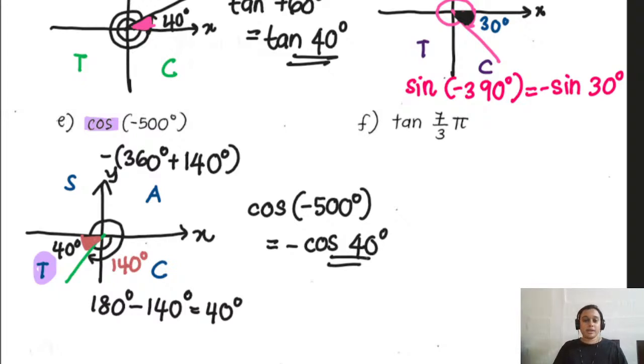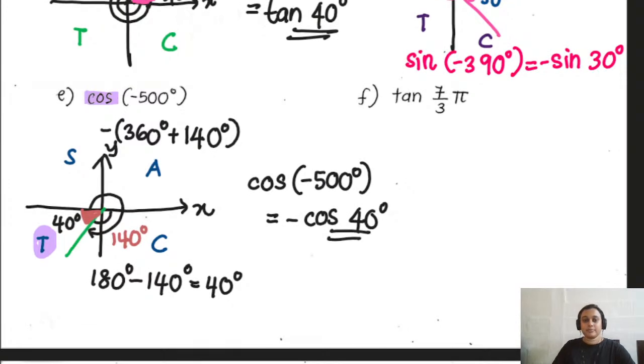You can ask teacher why yang 500 tu negative dia dekat dalam kurungan, inside the bracket. But for 40, the negative is outside. Okay, can. Both also can. The negative is just to show the direction only.